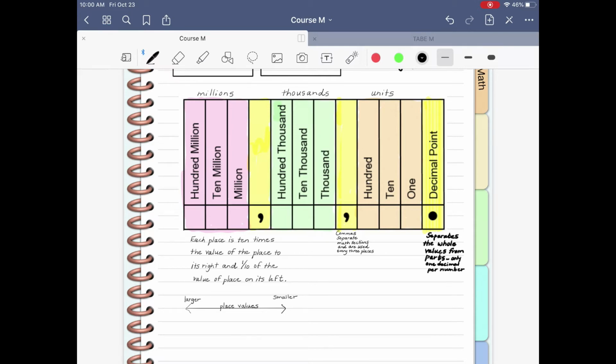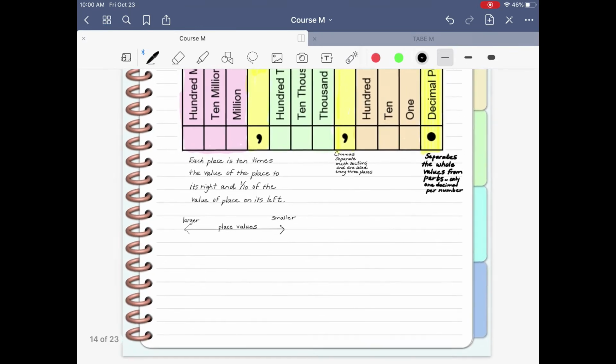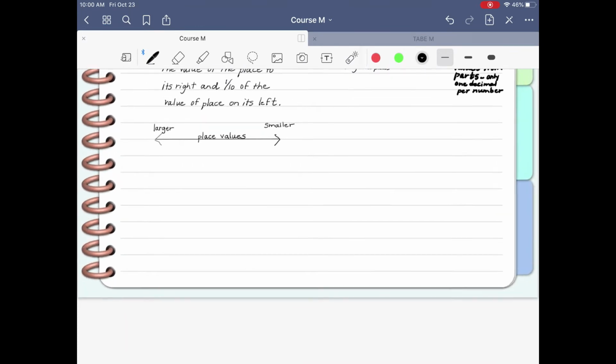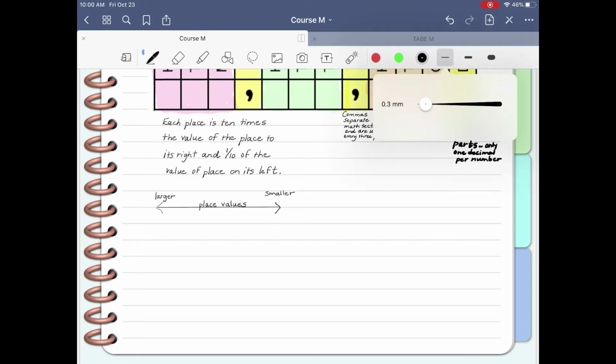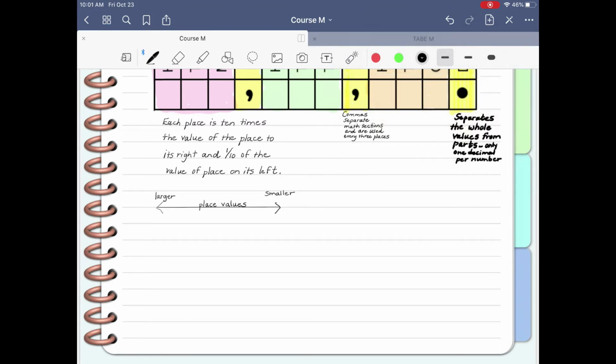Okay, let's look at another set of vocabulary words. I almost made flashcards for these, but I think they're going to help you much more if you see them written together. So let's make a space for these. These are called forms of numbers.